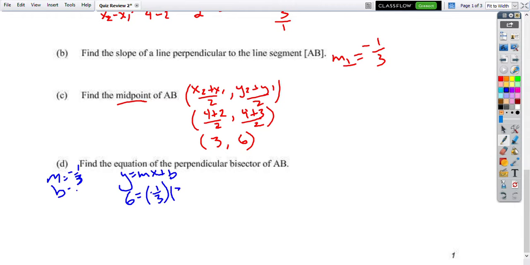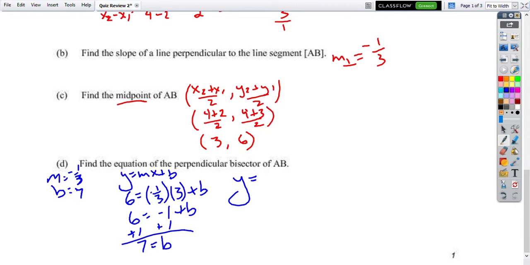We know x is 3, and we want to find b. So negative 1/3 times 3 is equal to negative 1. And then we're going to add that 1 to both sides, and we'll get a y-intercept of 7. So if b is 7, then we can state our equation. So it's y equals negative 1/3 x plus 7. Remember, don't plug in for x and y.